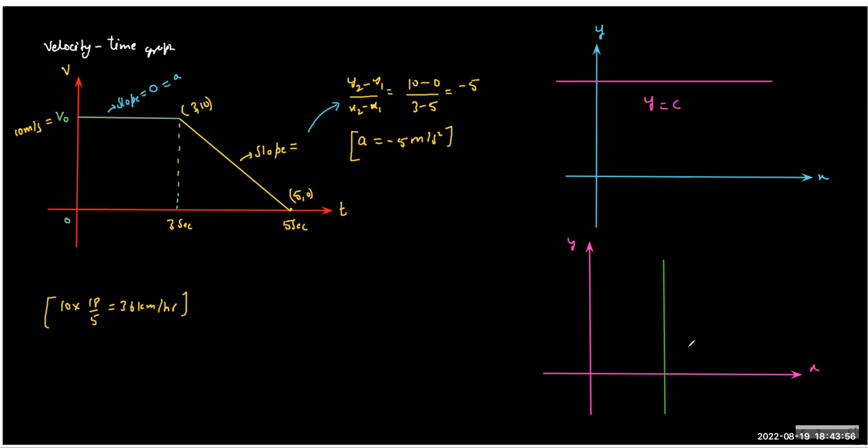Sir, x. So this is written as x equals constant. So x equals constant represents a vertical line, and y equals constant represents a horizontal line. Is this clear, guys? Yes, sir.